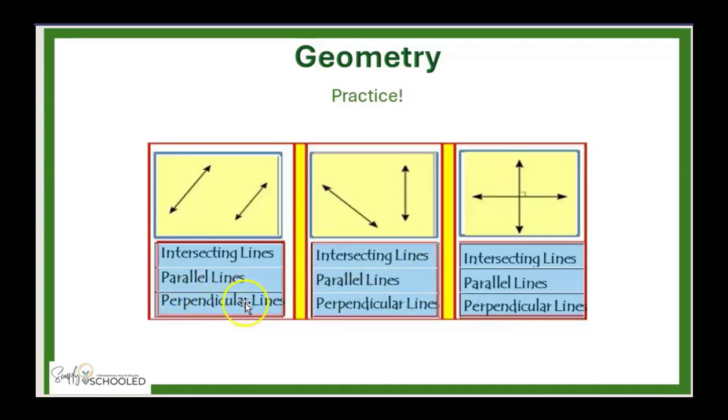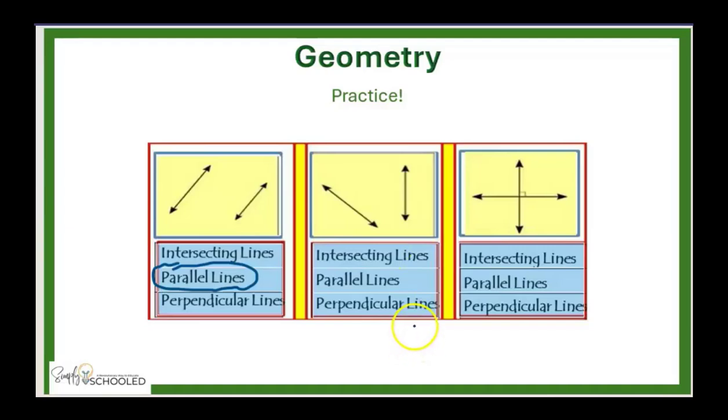Okay, so let's review a little bit by practicing. Here's two lines, and if you can imagine them going on forever, from the looks of them, it looks like they're never going to cross each other. So we would call these parallel lines. Now let's look at these two lines. You can tell if this keeps going and this keeps going, they are going to intersect.